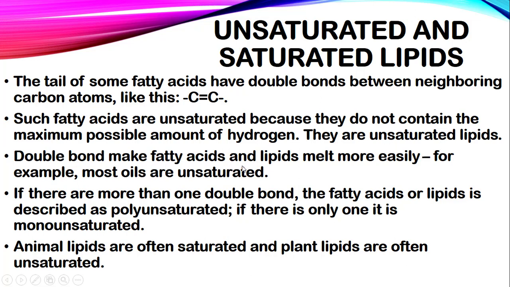Double bonds make fatty acids and lipids melt more easily. For example, most oils are unsaturated. If there is more than one double bond, the fatty acid or lipid is described as polyunsaturated. If there is only one, it is monounsaturated. Animal fats are often saturated and plant lipids are often unsaturated.